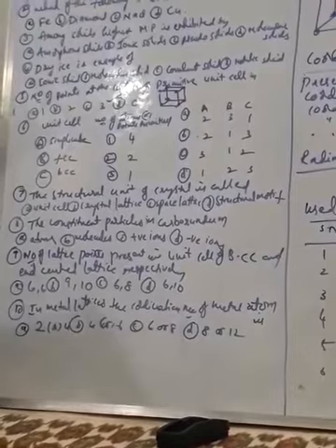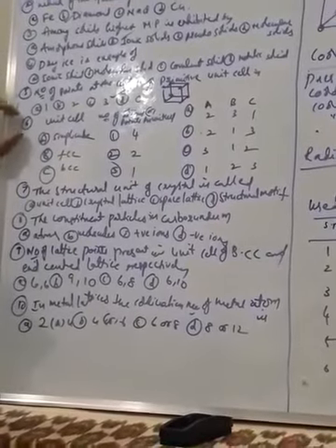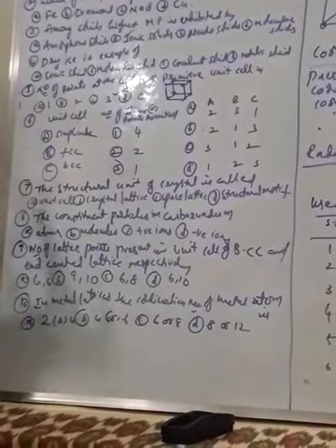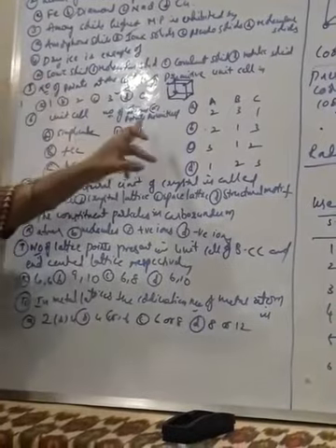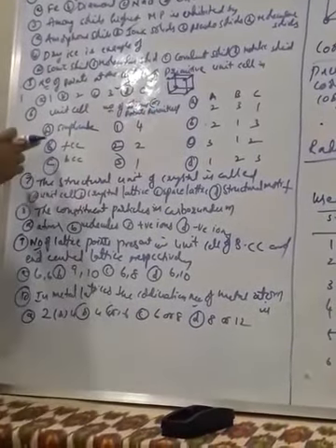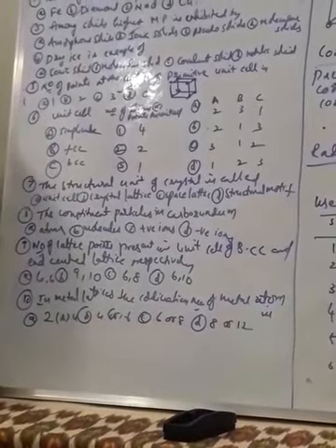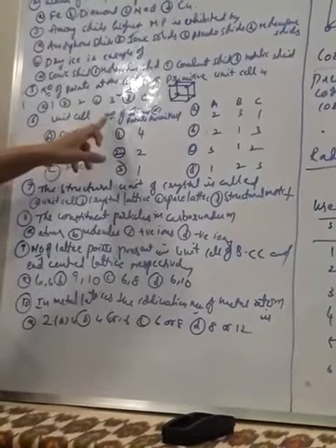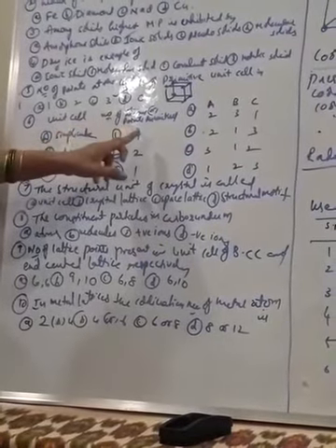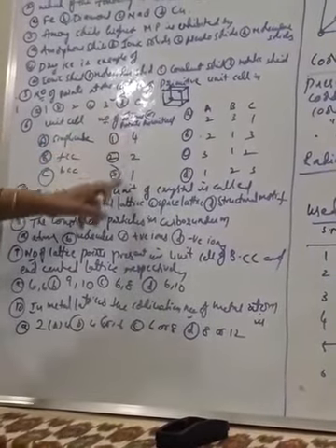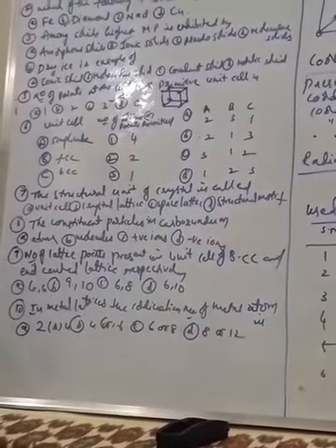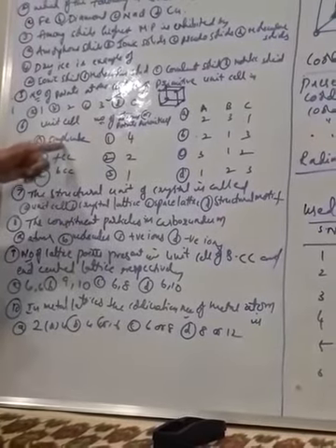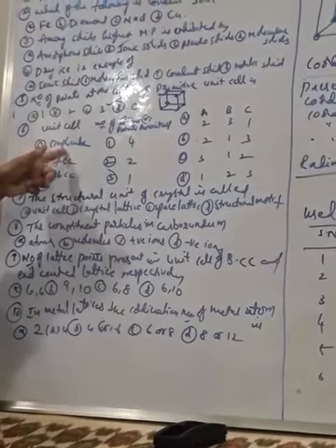Next one is, match the following. Unit cell and number of atoms or points per unit cell. So the unit cells are simple cube, FCC, BCC. For the number of atoms or points per unit cell, 1, 2, 3, 4, 2, 1 are given. For the simple cube, the number of atoms per unit cell is 1.